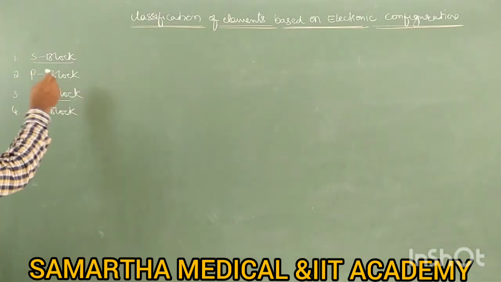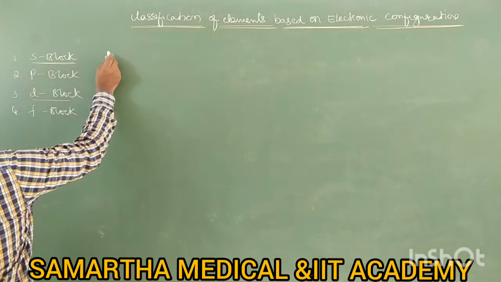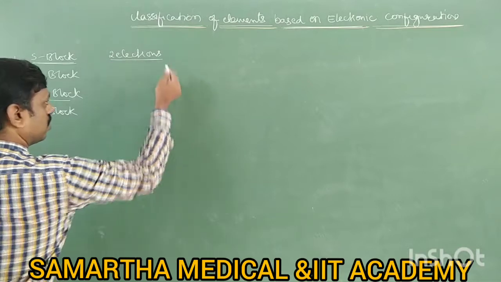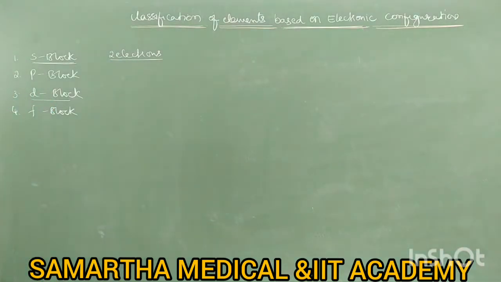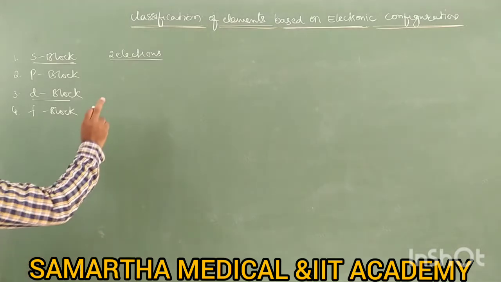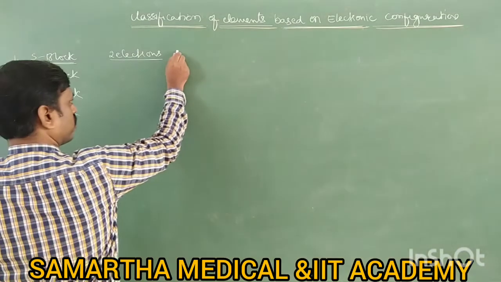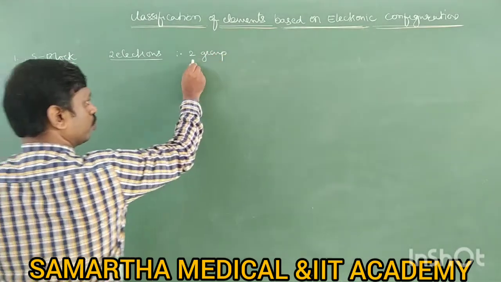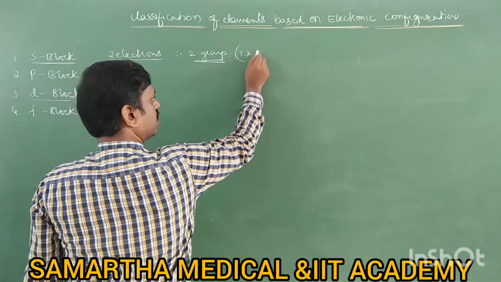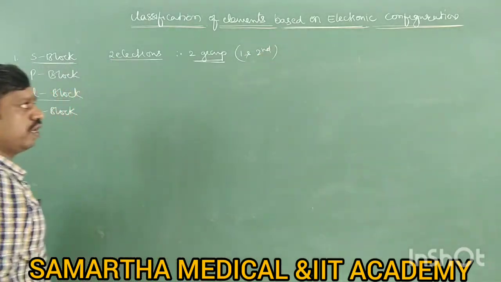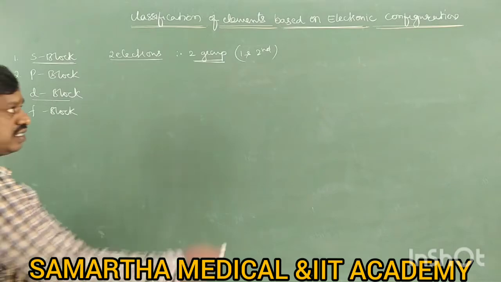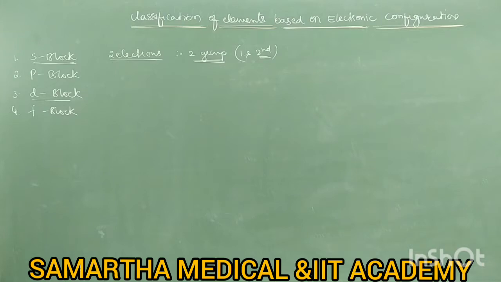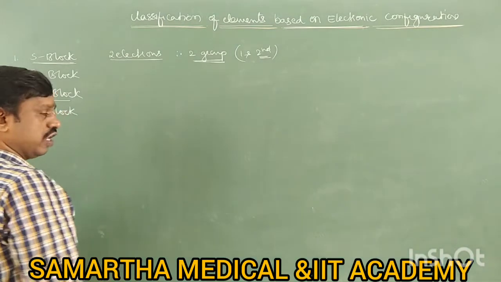We also studied that s orbital can accommodate a maximum of 2 electrons. Therefore, S block has 2 groups, the first and second group. First group elements are called alkali metals and second group elements are called alkaline earth metals. Why they are called alkali and alkaline earth metals, we studied in the last class.